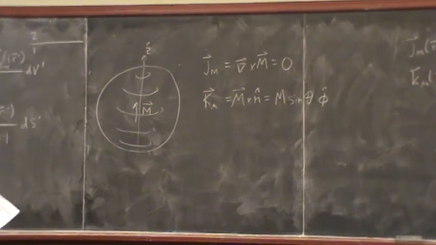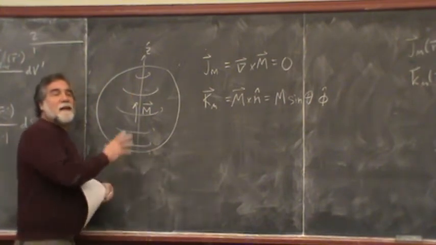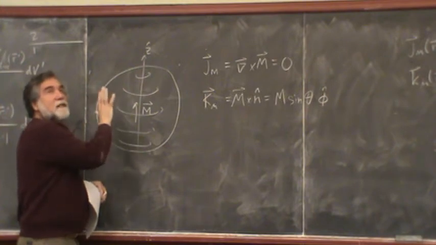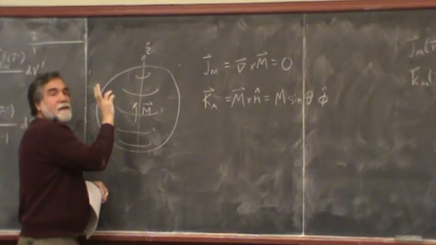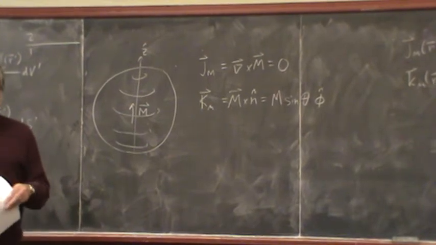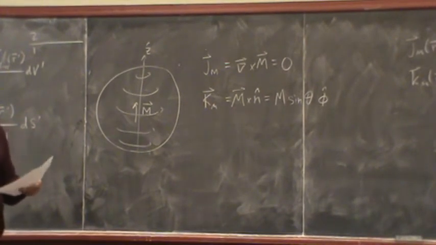It turns out that this problem is already solved in Griffiths. Because what this actually is, if I put a constant charge density on the surface of this sphere, and then just spun it, I would be able to solve for the magnetic field. And Griffiths did this. So I copied his solution.